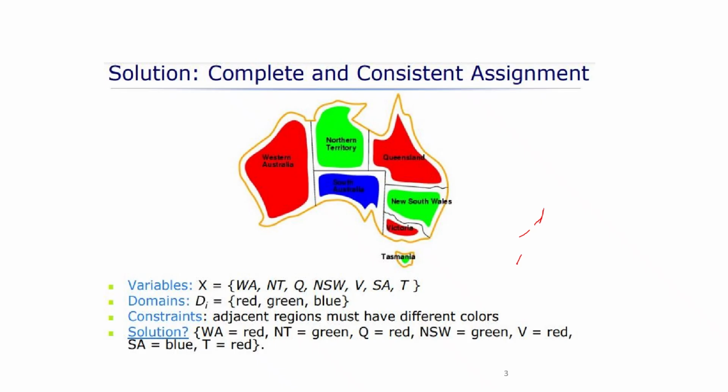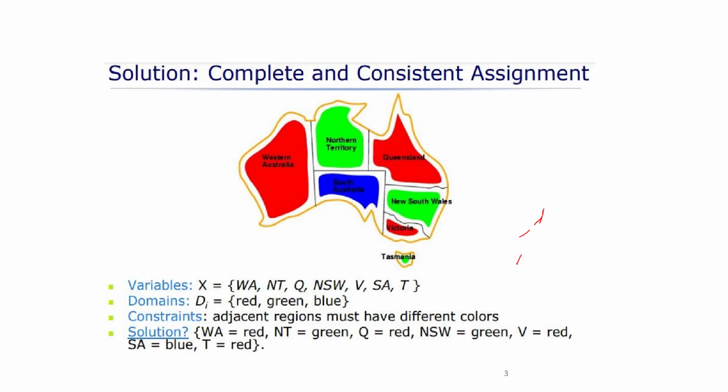And next, this is Victoria. So for Victoria, what are the possible colors? Here the neighboring region has the blue color, and here it has the green color.